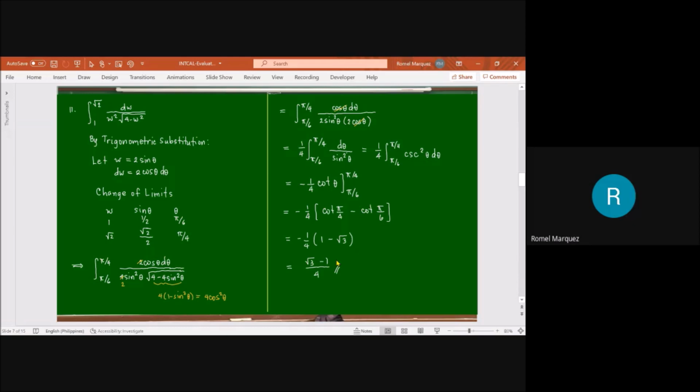If you are entering limits involving trigonometric functions. If trigonometric functions are involved, you have to be careful. Be sure your calculator is in radian mode. Or it is safe to be always in radian mode, your calculator, so that every time you encounter trigonometric functions and you have definite integrals, no problem anymore. Is that clear, guys?